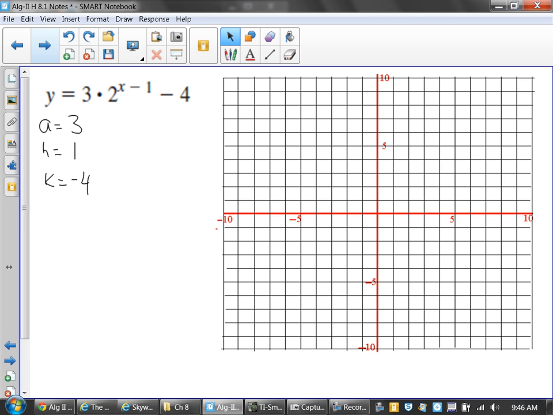So if I'm using my parent function here, it would just be 3 times 2 to the x. Where is my y-intercept? 3. I first graph my parent of y equals a b to the x. In this case, it would be 3 times 2 to the x. I know that my y-intercept starts at 3.